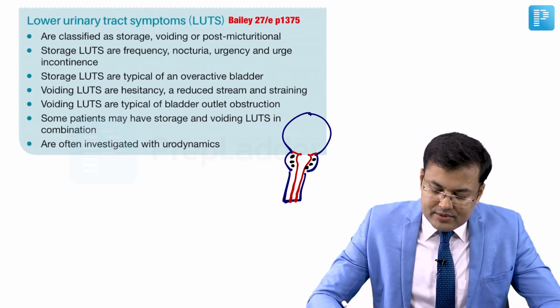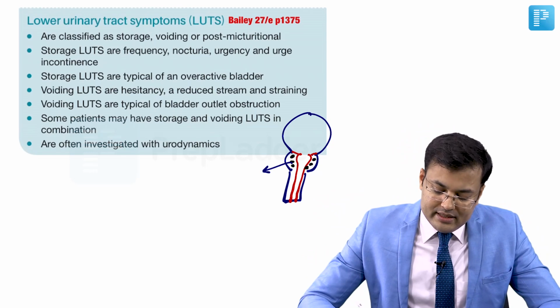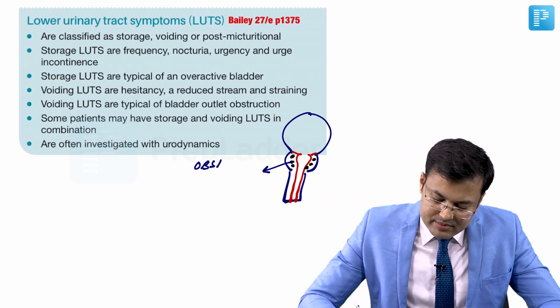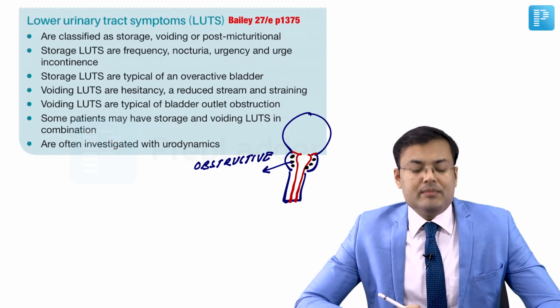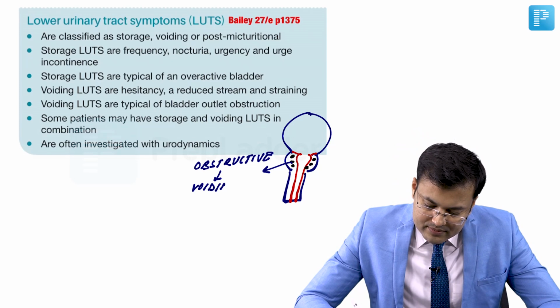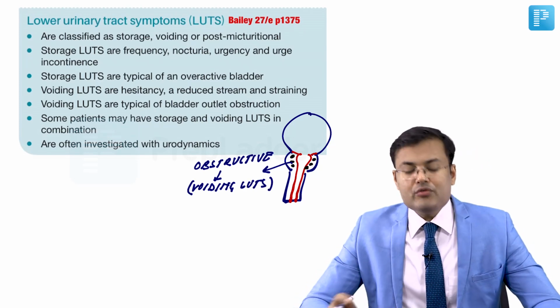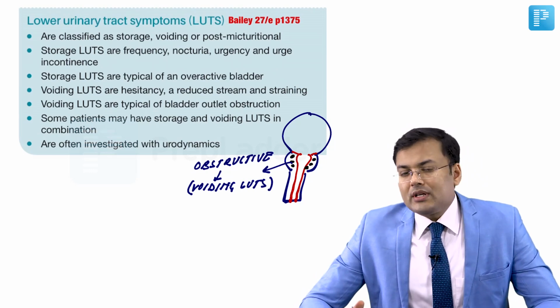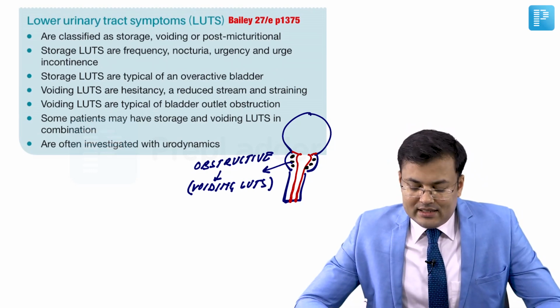So whatever symptoms there are because of this obstruction are known as obstructive symptoms. These obstructive symptoms are also known as voiding LUTS. So obstructive symptoms are voiding LUTS.